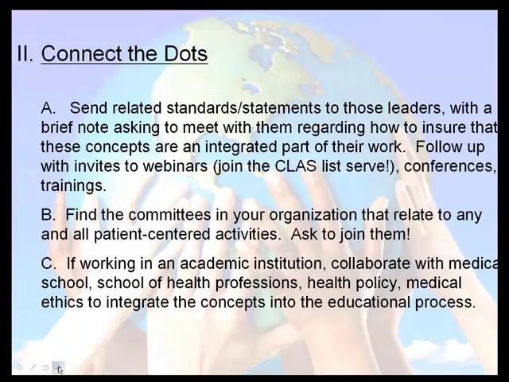And then lastly, for the teaching institutions, academic settings, I think collaboration is absolutely necessary to connect the dots and make sure that you're getting the usage out of everyone's knowledge throughout the system, and so that you're not isolated.